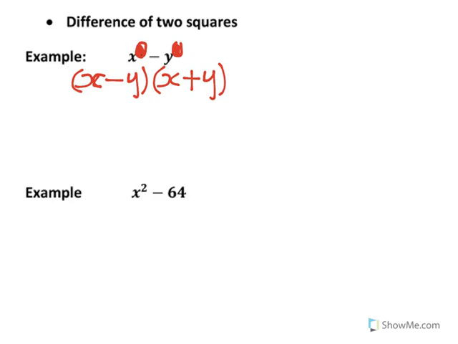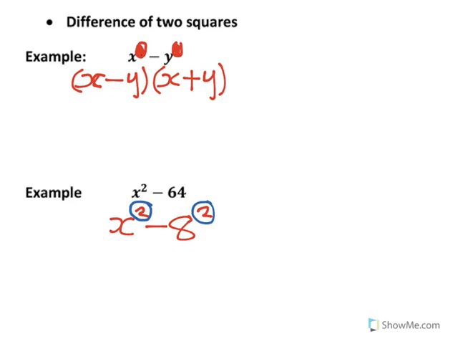Again, the next problem is x squared minus 64. If you are not clear, you might not see that this is the difference of two squares, but if you look carefully, you can see that it is. If you look at 64, you know that 64 is 8 squared. So if you say x squared minus 8 squared, you can see now this is a difference of two squares.